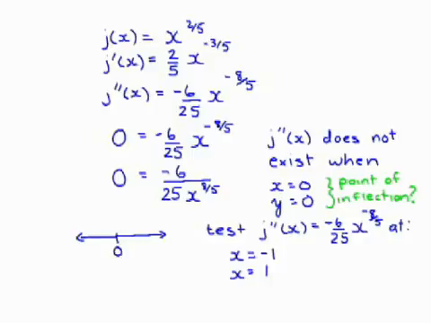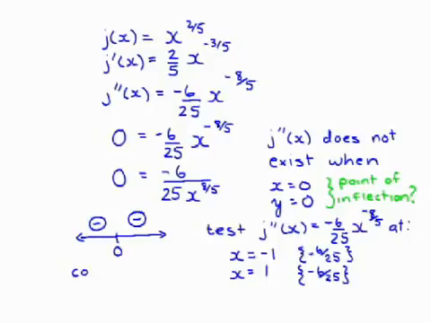They're also the easiest numbers to evaluate. When I substitute x equals negative 1 into my expression for my second derivative, I get negative 6/25. When I substitute in my x value of 1 into my second derivative, I get negative 6/25.